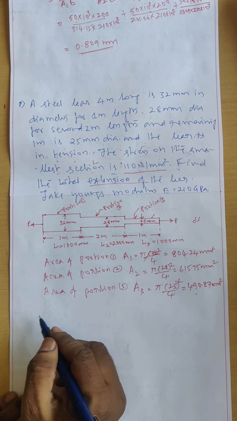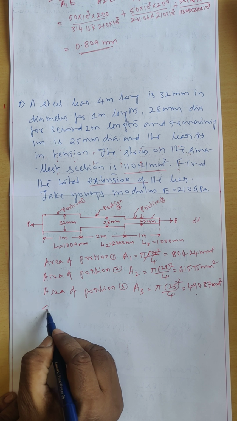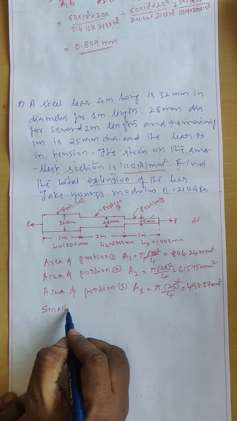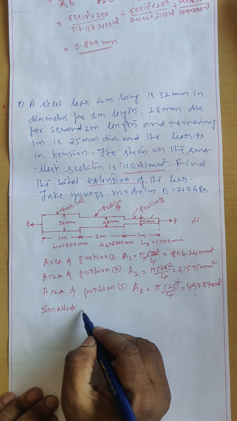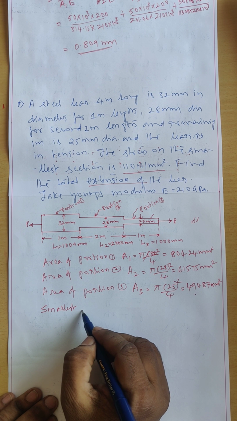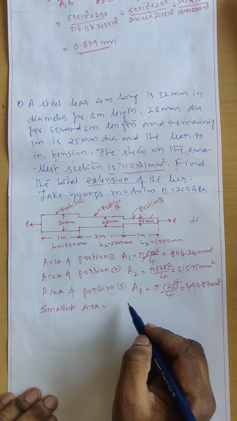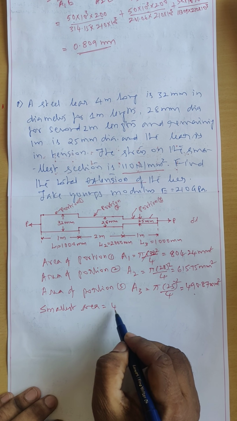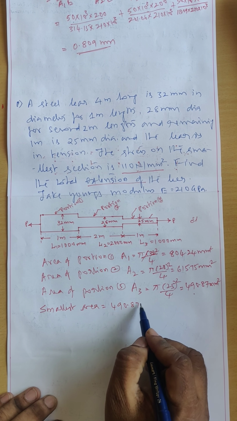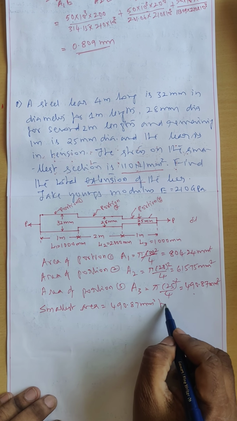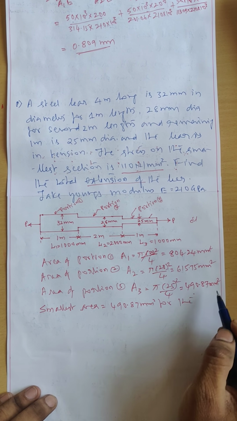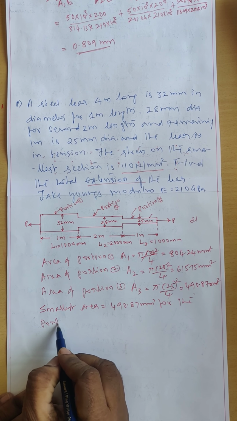Now, which is the smallest area section? Smallest area equals 490.87 millimeter square for the portion 3.